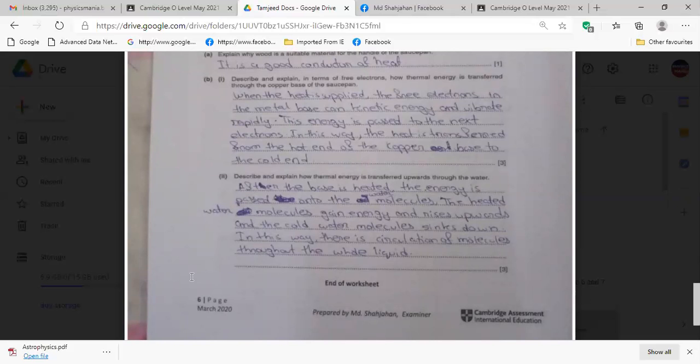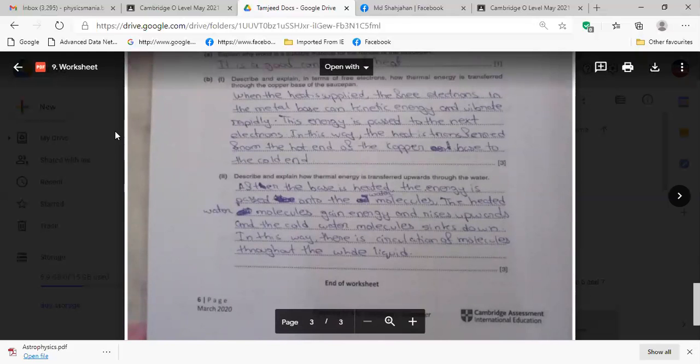Describe how thermal energy is transferred upwards through the water. Again, convection. Yes, correct. So done. This worksheet done, right?